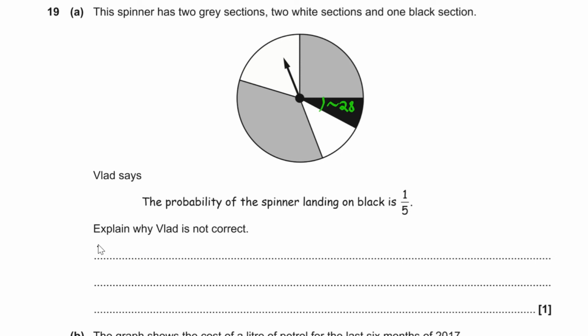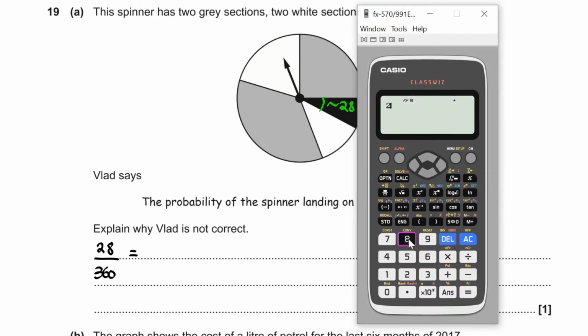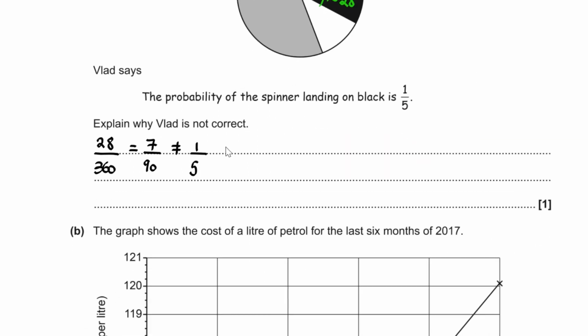Now 28 over 360, if we work this out, turns out here we get 7 over 90. And clearly this is not equal to 1/5, and therefore he will be incorrect.